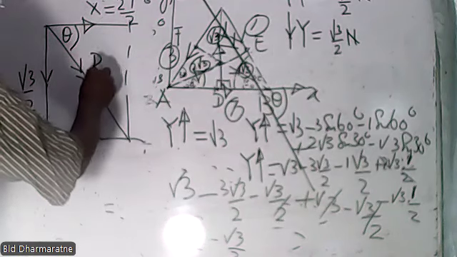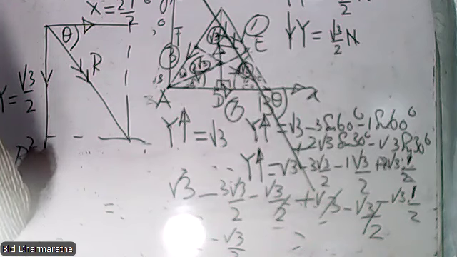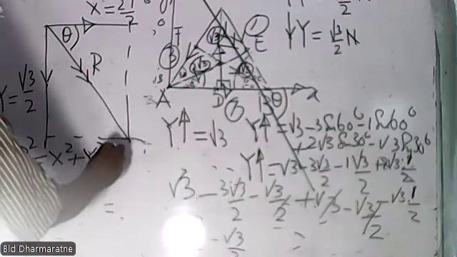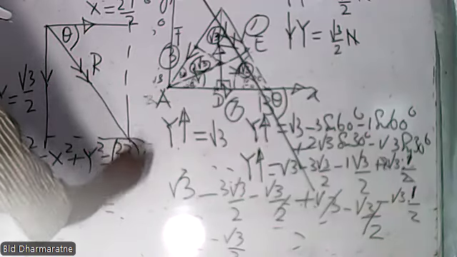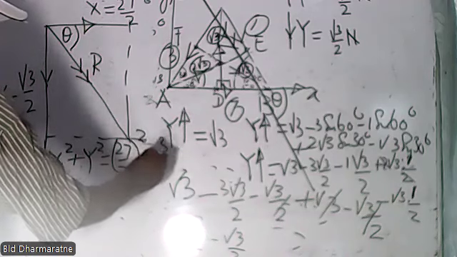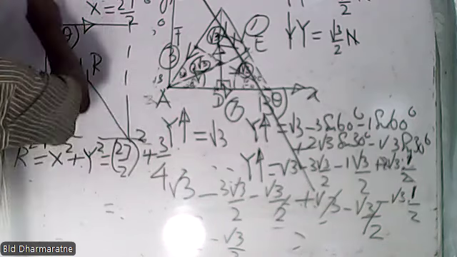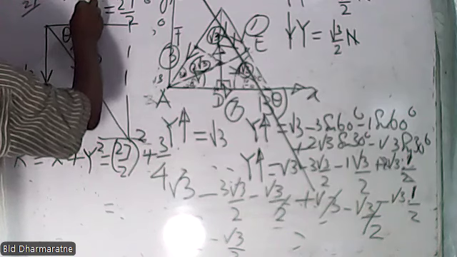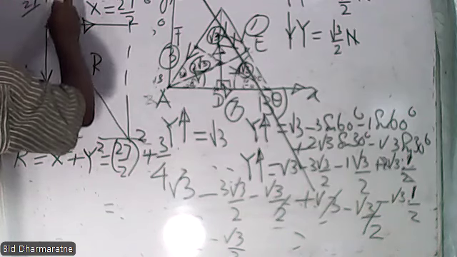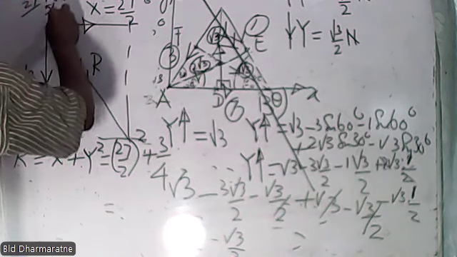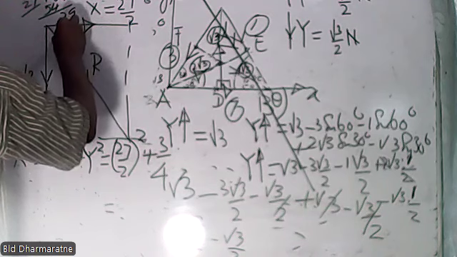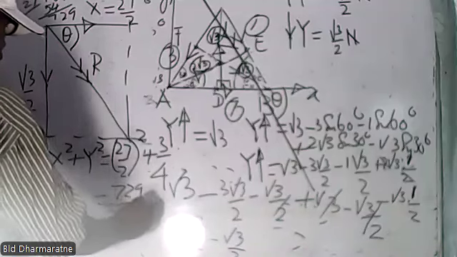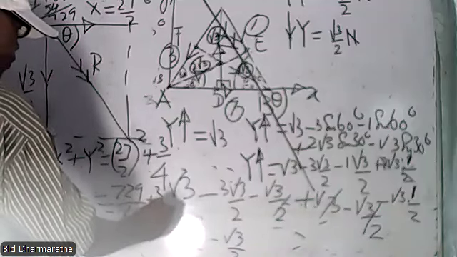R squared equals x squared plus y squared, equals 27 over 2 squared plus 3 over 4. 27 into 27 is 729, over 4, plus 3 over 4.